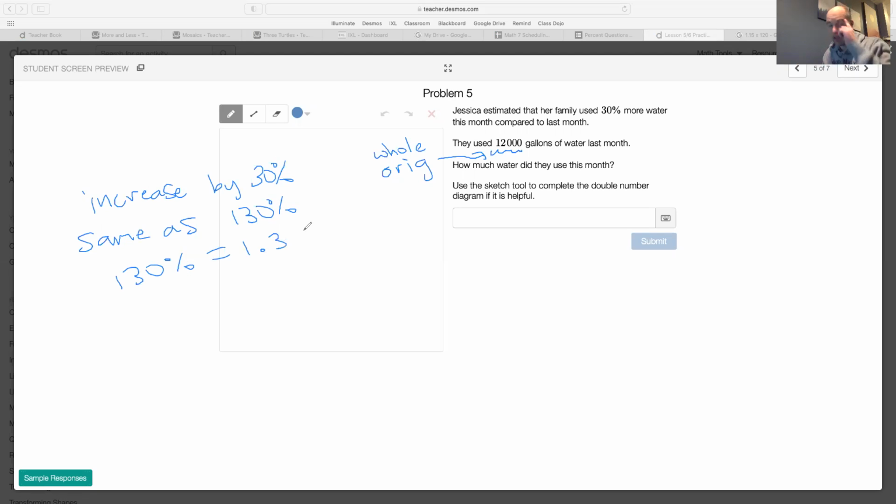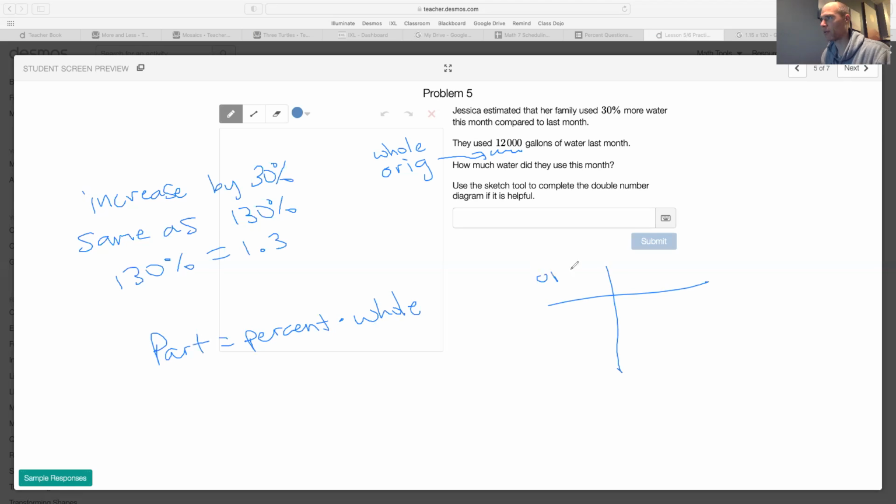And so if I have a whole or original amount and I want to represent a part of it with a percent, then I'm going to multiply, right? Or in other words, in my class, what we would say is part equals percent times whole.